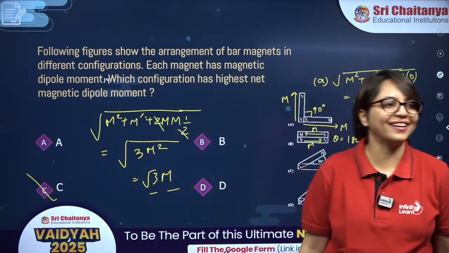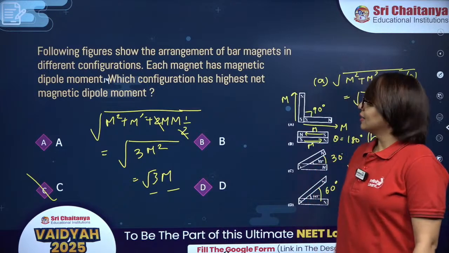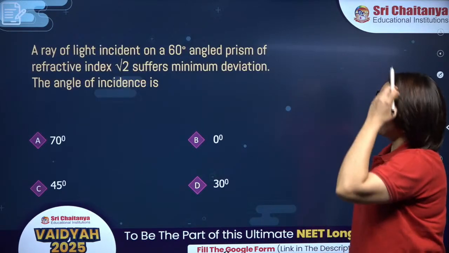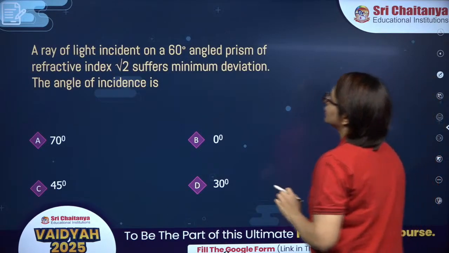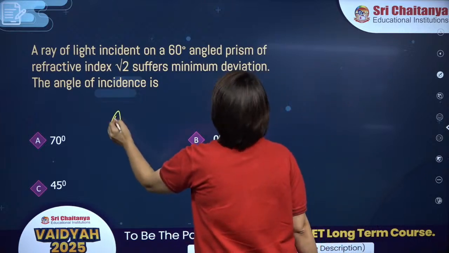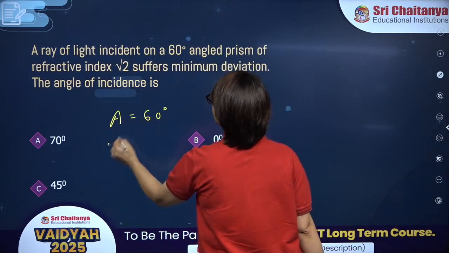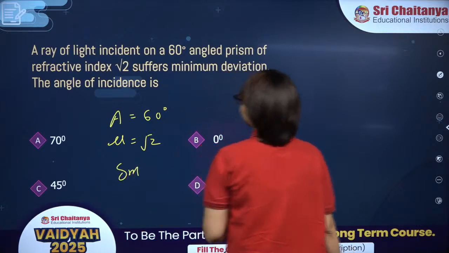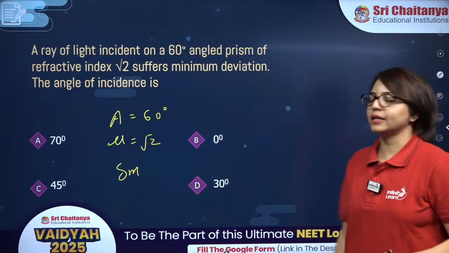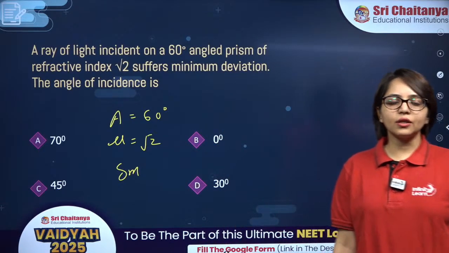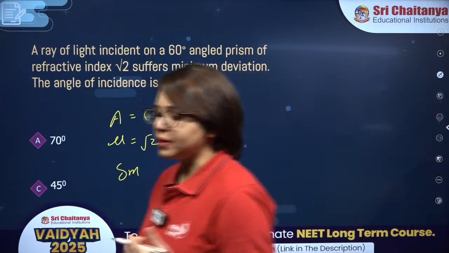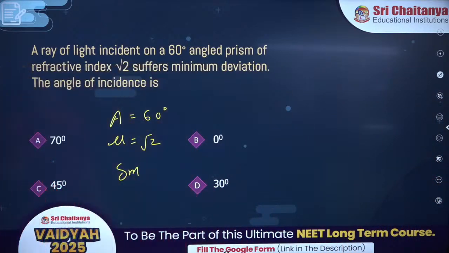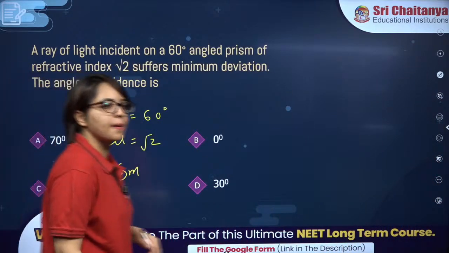All right, chaliye, ठीक है. Next is this one. A ray of light incident on a 60 degree angled prism of refractive index root 2 suffers minimum deviation. The angle of incidence is, right? So this is a question from ray optics, from the prism topic. Try this one.